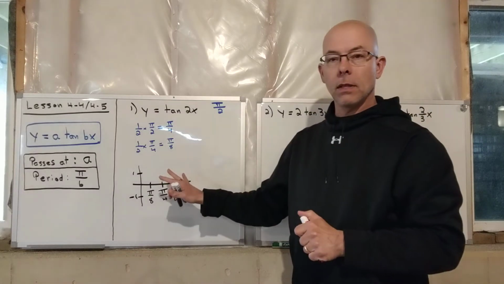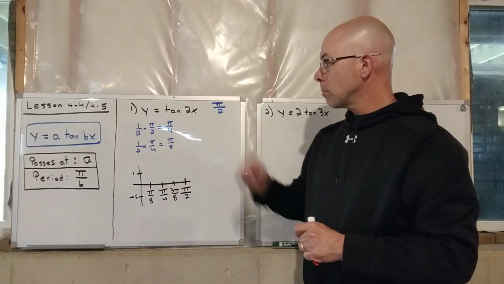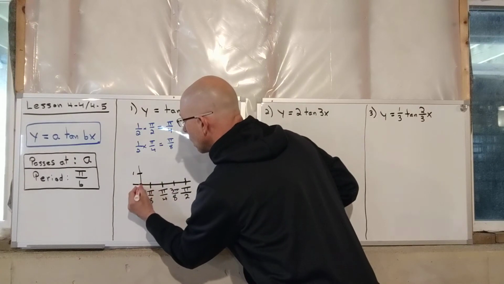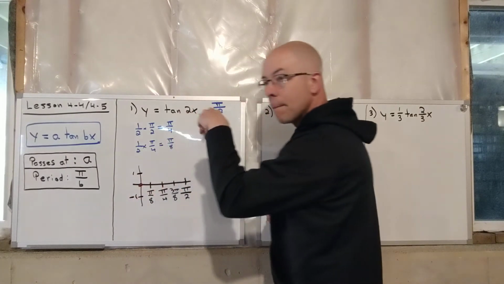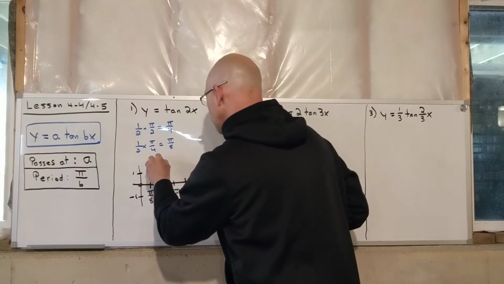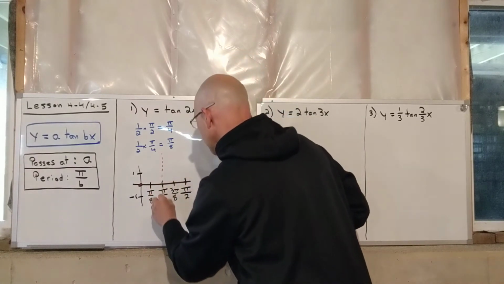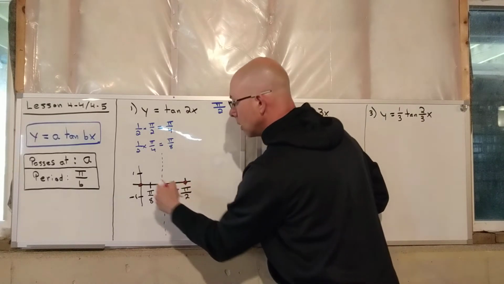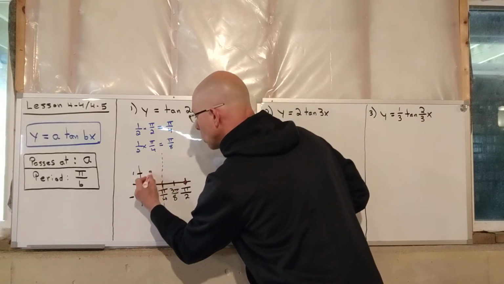So there's the layout of the graph. Please remember, the graph starts at the origin, undefined in the middle, which is pi over 4. Ends in the middle. At pi over 8, it goes up to the 1.